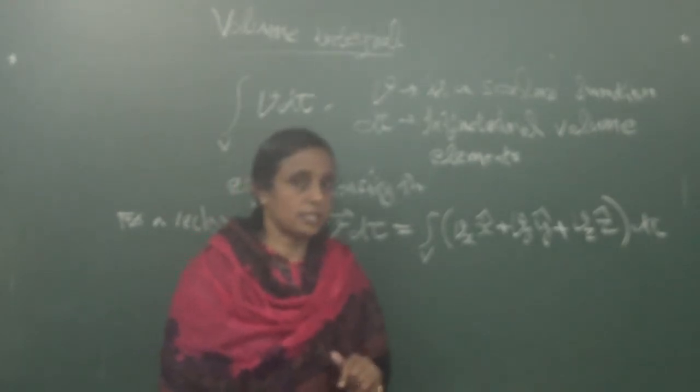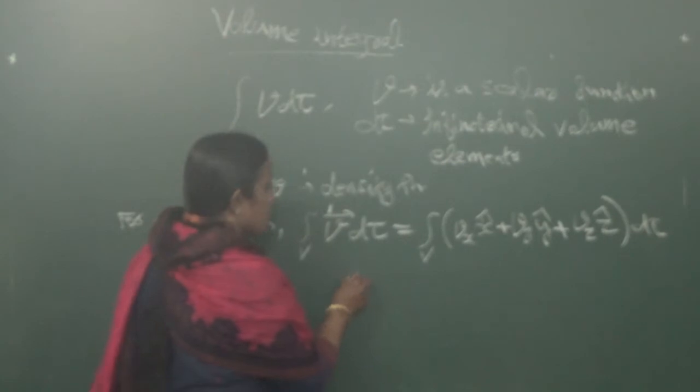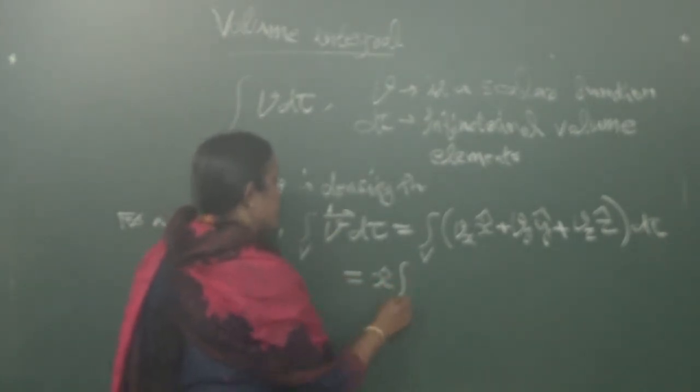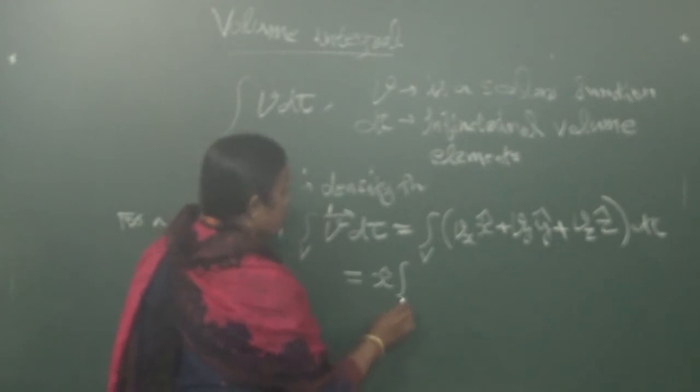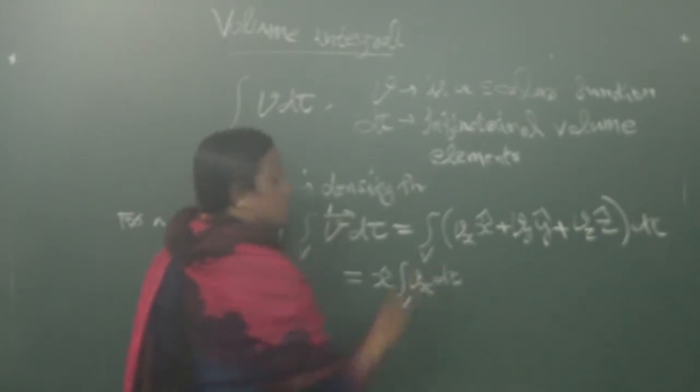These are constants, so you can take these components outside. So this is equal to x̂ times the volume integral of Vx dτ.